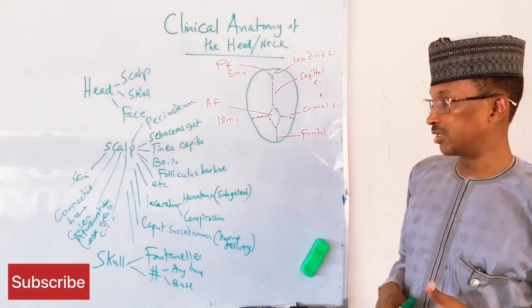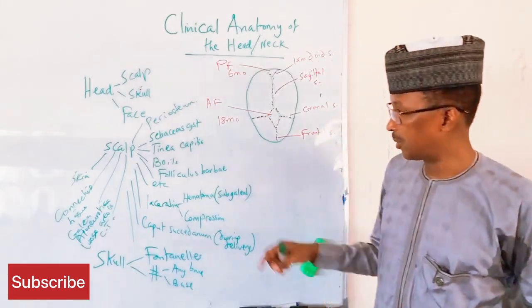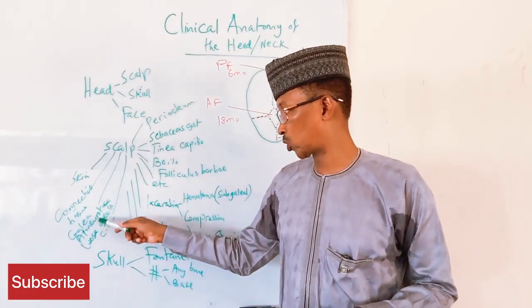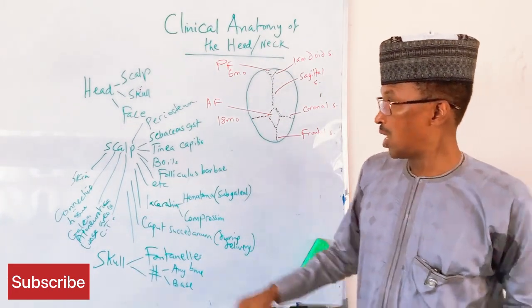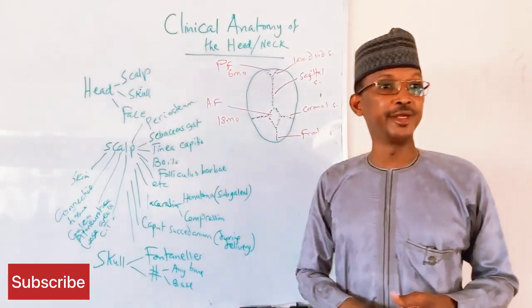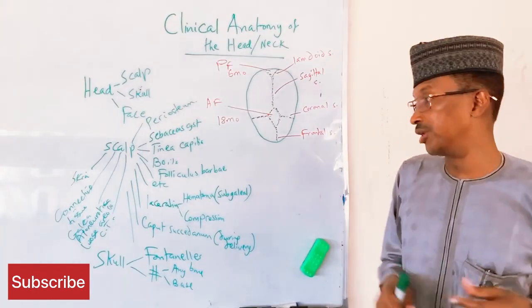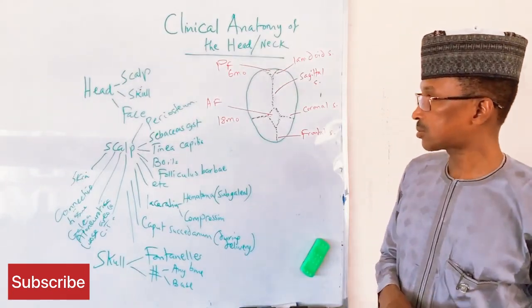So we have the skin, we have the connective tissue, which is dense, and then we have the galea aponeurotica, which is the A, L for the loose areolar connective tissue, and the P is for the periosteum, the membrane surrounding the bones of the skull.